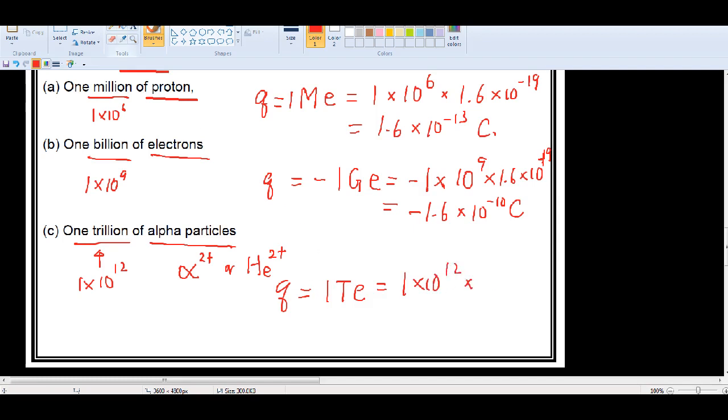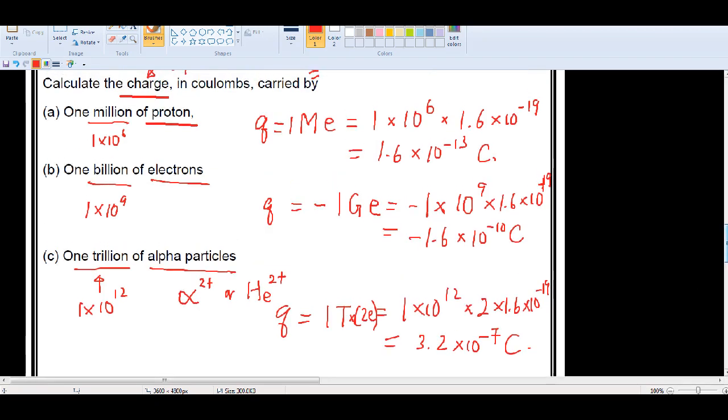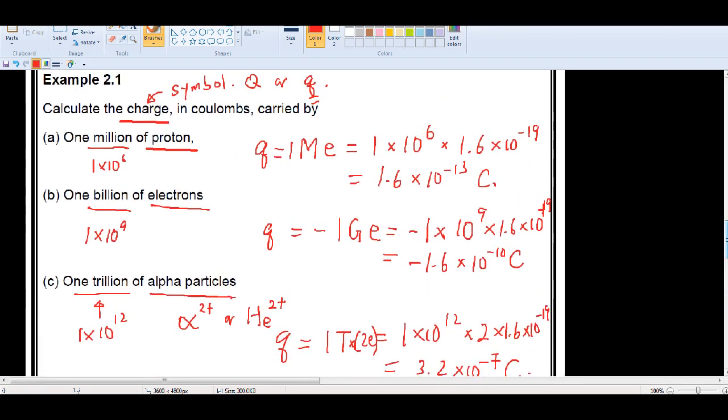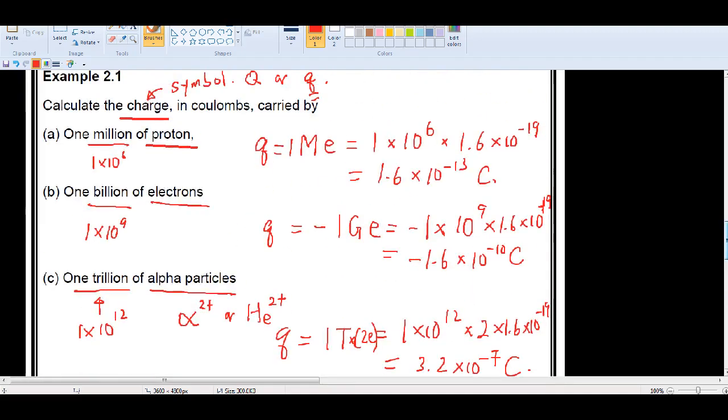Oh sorry, I made a mistake again. It's actually not e, it's 2e, because each alpha carries 2 plus, it's not just 1. So you will get 3.2 times 10 to the power minus 7 coulomb. Alright, so no problem.